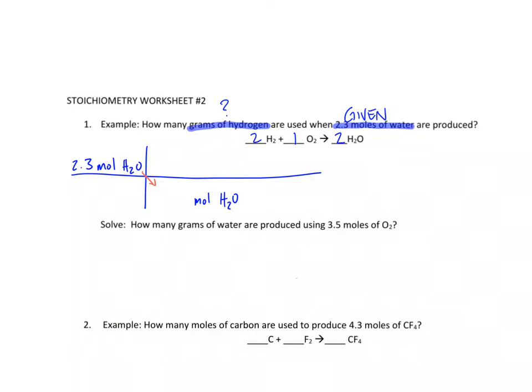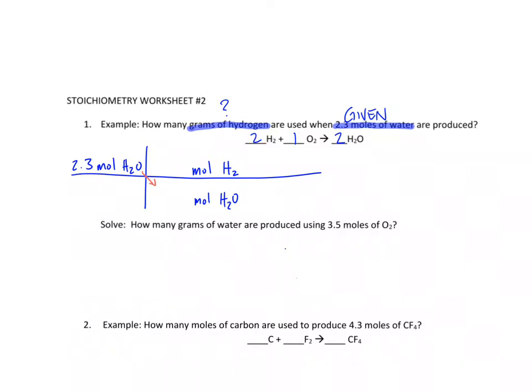I need to go to grams of hydrogen. But if I've got moles of one substance, I cannot convert to anything else unless I go from moles of one substance to moles of something different. So right here, this is going to be my mole ratio. I'm going to go from moles of water to moles of hydrogen, and this is hydrogen gas, so I'm going to write H2, and it's written as H2 in my formula right here.